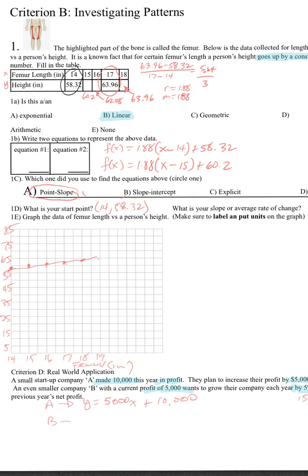Company B, it's going to be exponential because it's 15%. They want to tack 15% to the 5,000 each year. They want their company to grow by 15% instead of just by a constant 5,000 each year.